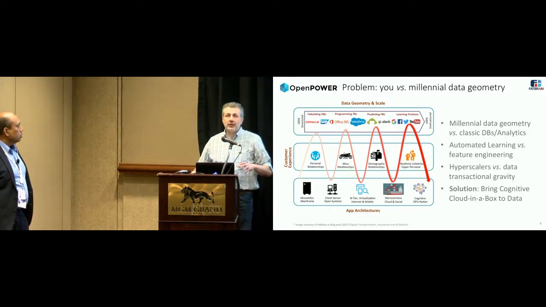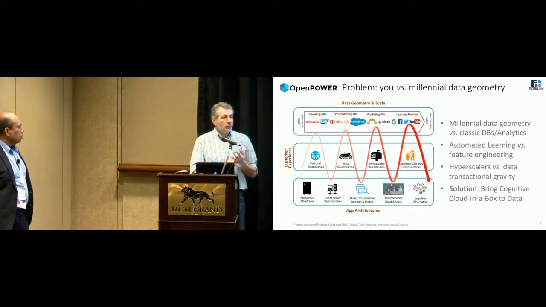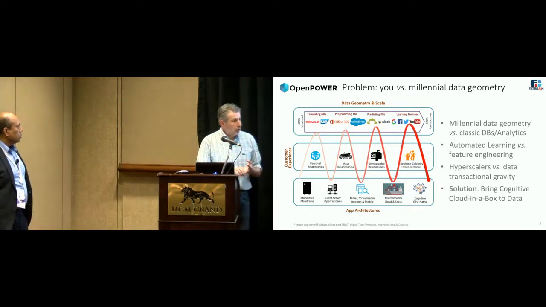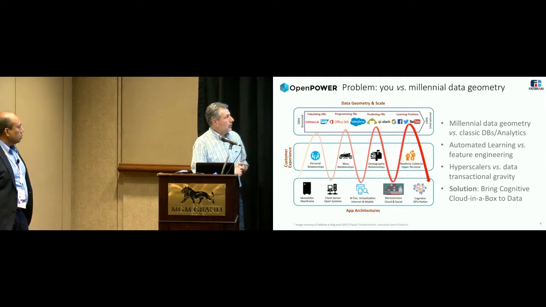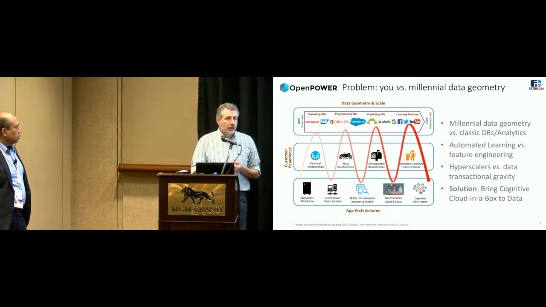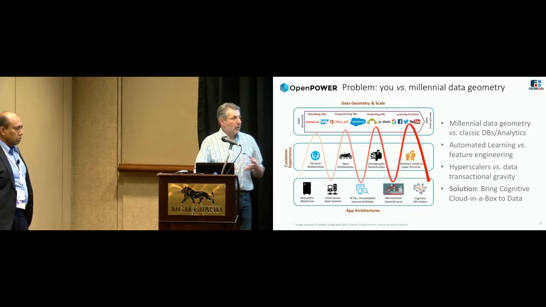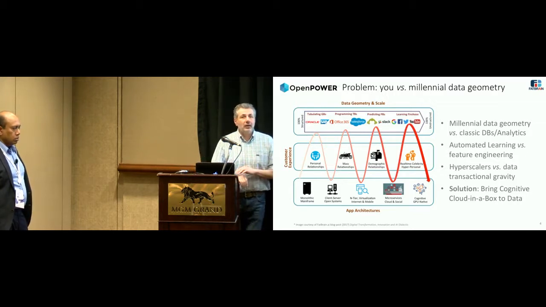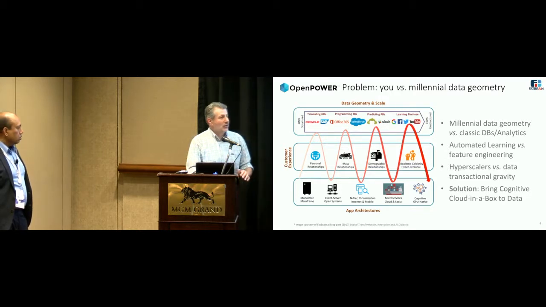It's the data geometry that's changing with social and with mobile and with all the unstructured interactions that are coming down the pike. A simple example is if you run an advertising video on YouTube, the amount of data you get from one clip is going to break any one of your old systems just to be able to track it.